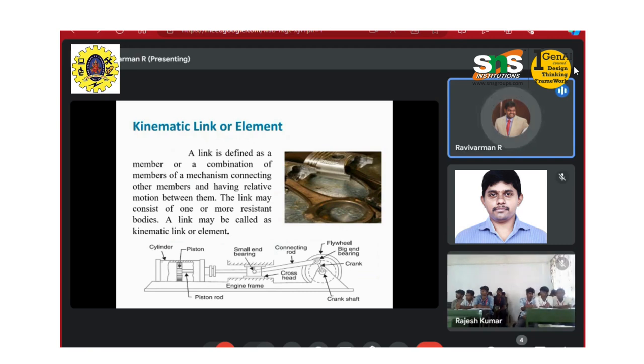So you can see that these are kinematic elements which are used to create the mechanism. In creating the mechanism, we should make rigid bodies, but the rigid bodies should have relative motion among the mechanism. In every case we take the application of engines, which is the most referred example.